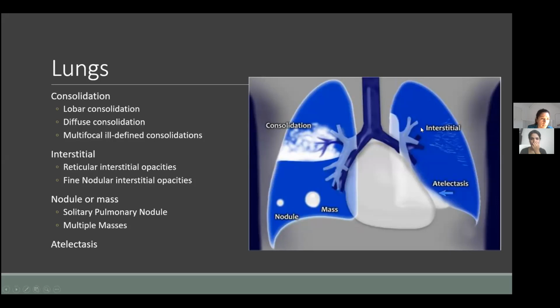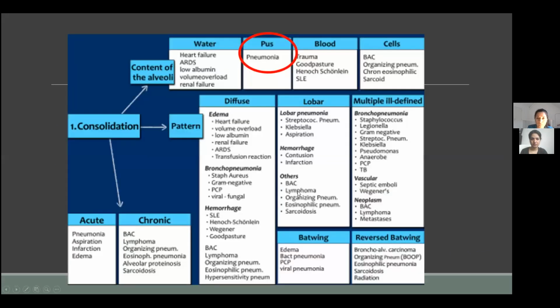So atelectasis, interstitial pattern, consolidation, and nodules or masses. This is a busy slide with lots of information, but basically this table or flowchart demonstrates the pattern of consolidations and the differential diagnosis. Just be aware that some diseases can have more than one pattern.